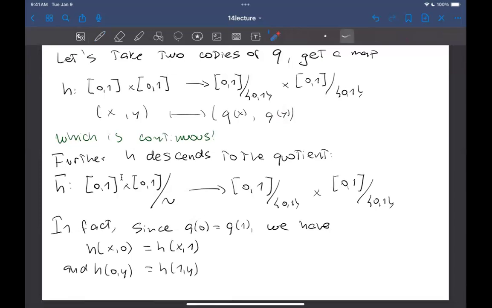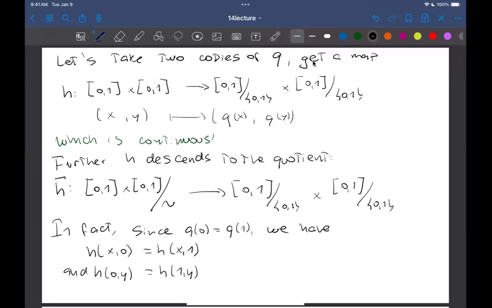So H will take things that are related to things that are, again, related. These 2 things together mean that there is such a quotient map. And since H is continuous, H bar is also continuous.